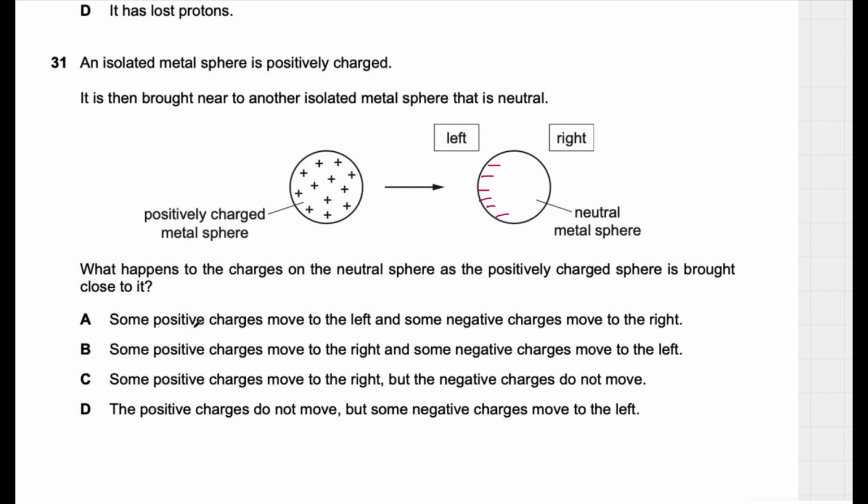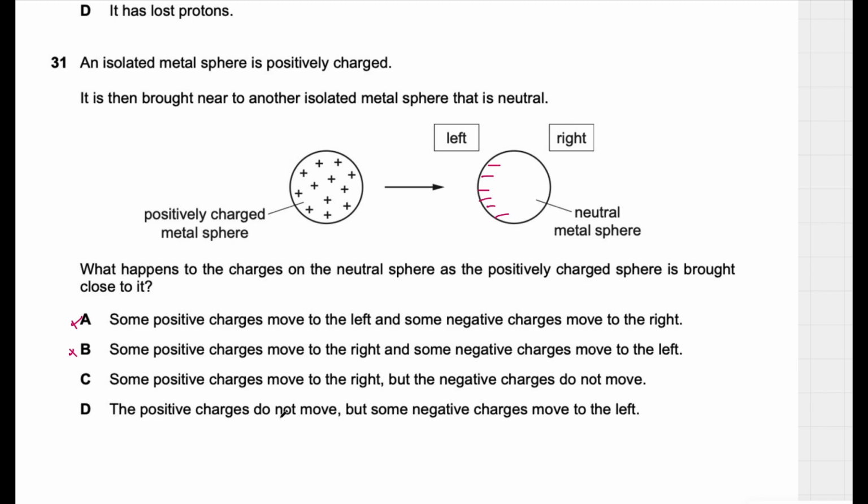Now, some positive charges move to the right, but the negative charges do not move?